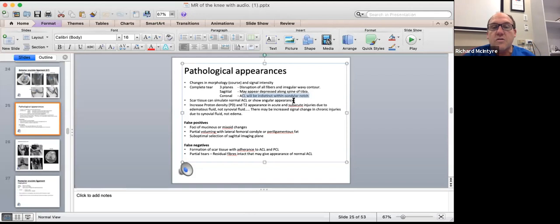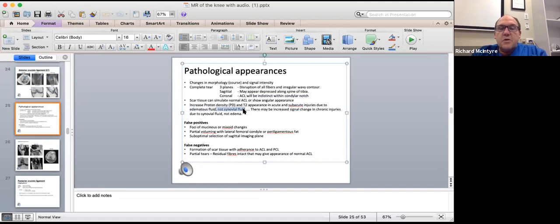Acute and subacute tears will have edematous fluid and possibly even blood. We have to distinguish that from synovial fluid, which will always also be bright on a proton density and T2 appearance. There may be increased signal change in chronic injuries, not acute, due to synovial fluid. So we know it's there.